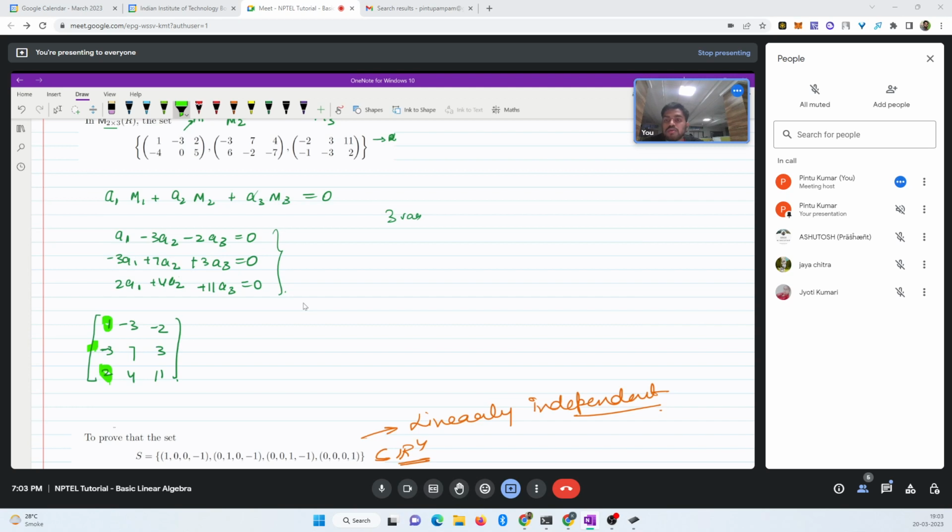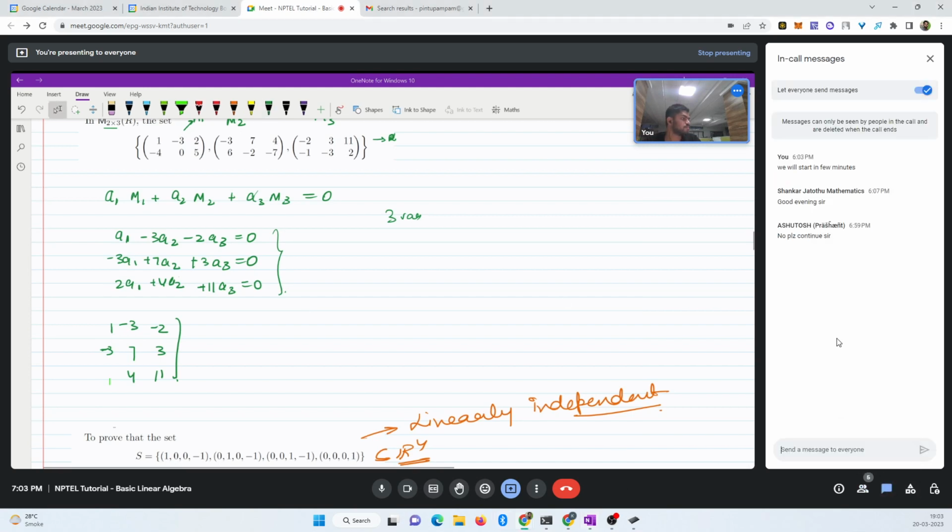So the matrix is 1, minus 3, 2, minus 3, 7, 4, minus 2, 3. Okay, we'll go the normal way and try to reduce it to row echelon form.